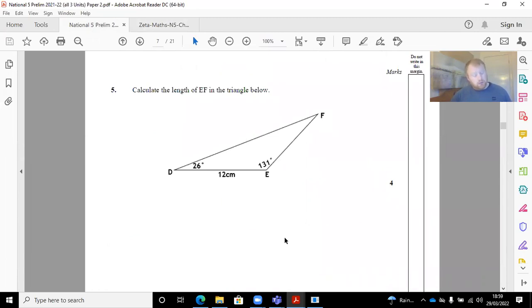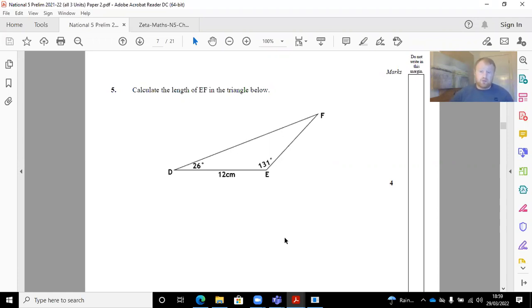Triangles. Right, triangles. Got a bone to pick with you. We looked at 2 very different types of triangles and applied rules to them. We applied rules to right angled triangles where there was a 90-degree angle, and there were rules, the Pythagoras rules, a squared equals b squared plus c squared, and SOHCAHTOA, sine equals opposite over hypotenuse, which only applies to right angled triangles.